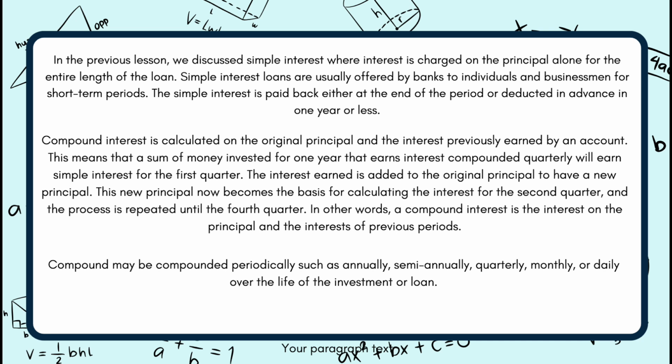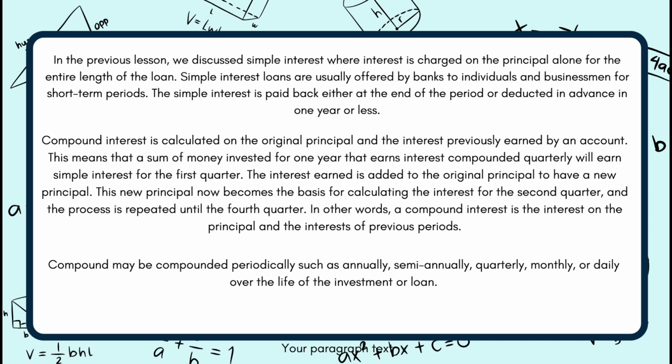The interest earned is added to the original principal to have a new principal. This new principal now becomes the basis for calculating the interest for the second quarter, and the process is repeated until the fourth quarter.